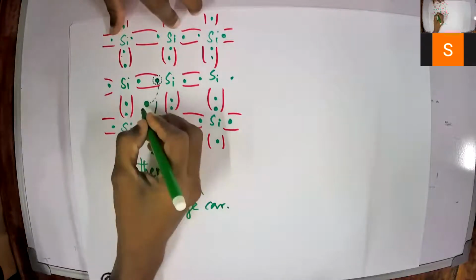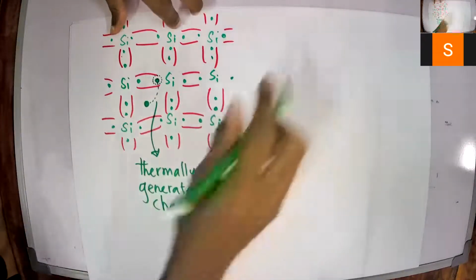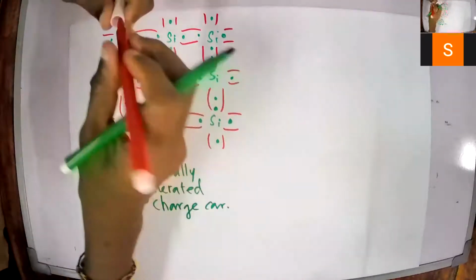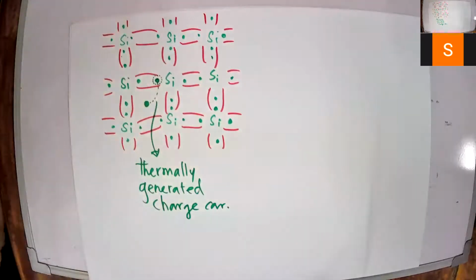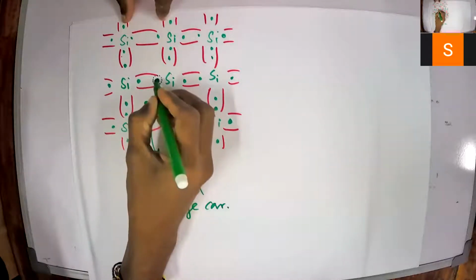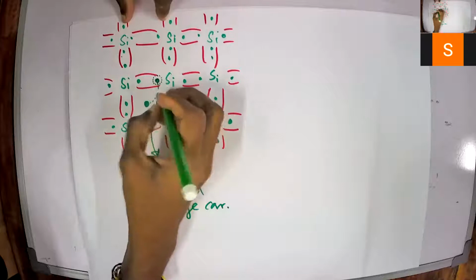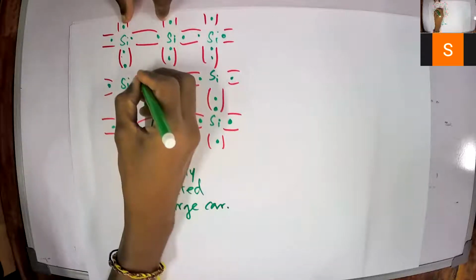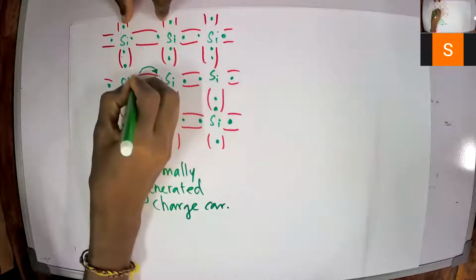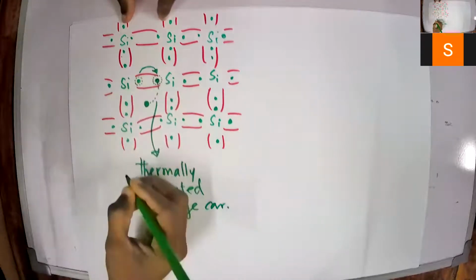So this free electron can move around the silicon crystal. Similarly, just imagine we have a hole, a vacancy. This electron can go and fill this vacancy, and the vacancy can be here.